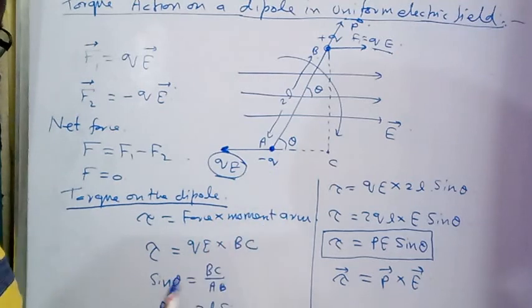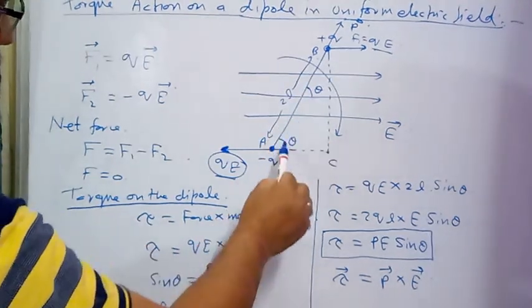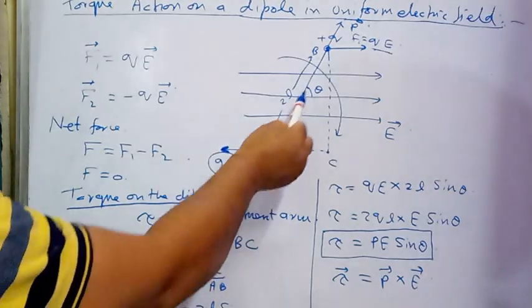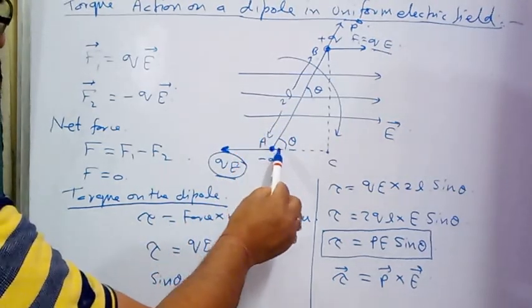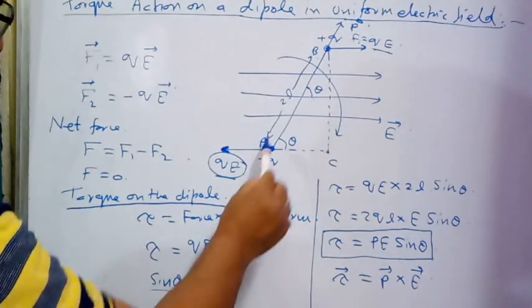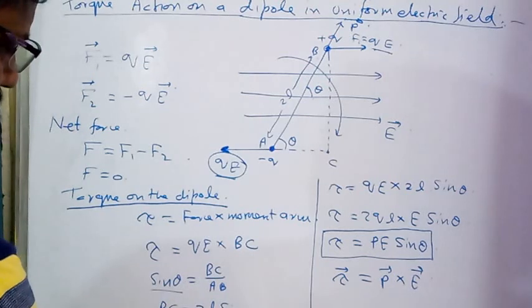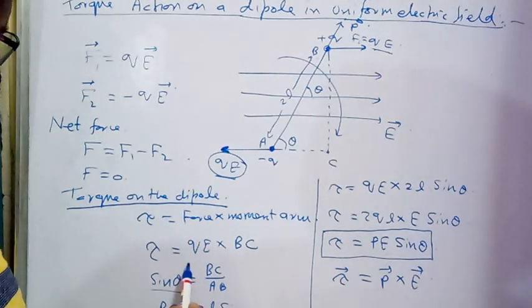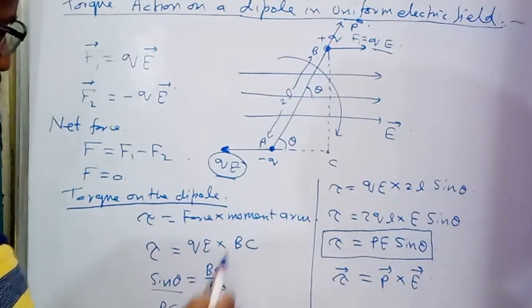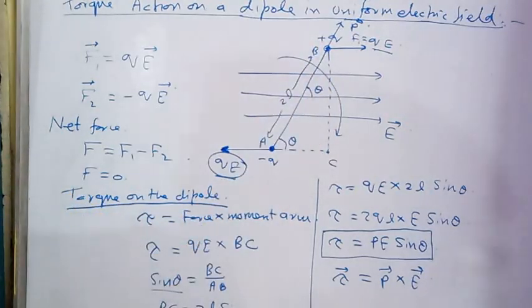We can find the value of BC as in this figure. If this angle is theta, this angle is theta, corresponding angles. So in triangle ABC, what is the value of sine theta? Perpendicular BC divided by AB. So the value of BC is equal to 2L, that is the length of the dipole AB, multiplied by sine theta.